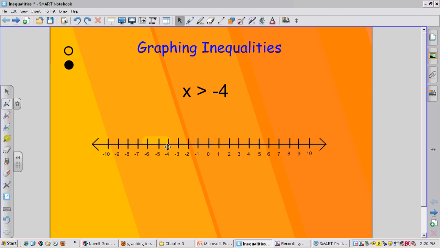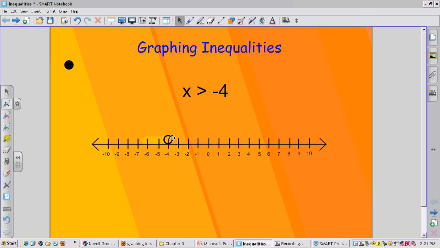Now we're going to put a circle there. The type of circle depends on whether it's greater than or equal to. Here we're going to go with an open circle, and I'll explain the difference in a minute. You put an open circle above -4, and the direction we're going in, we want all numbers bigger than -4.